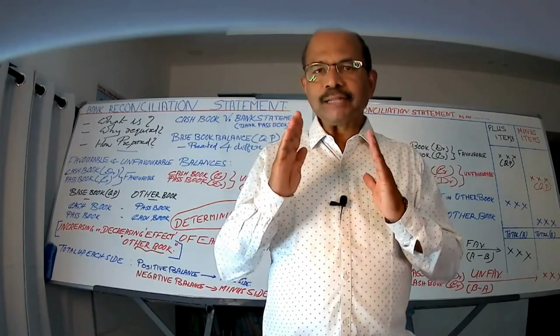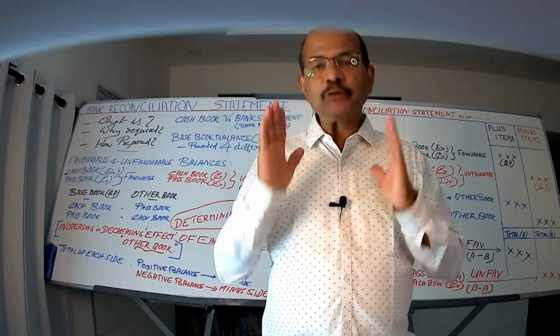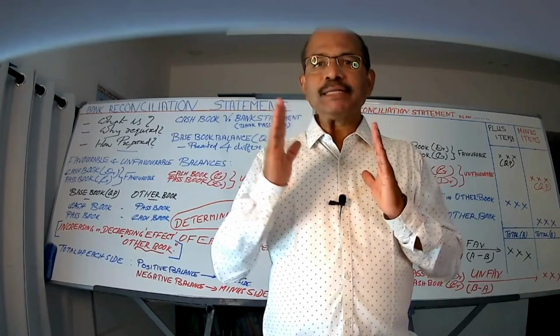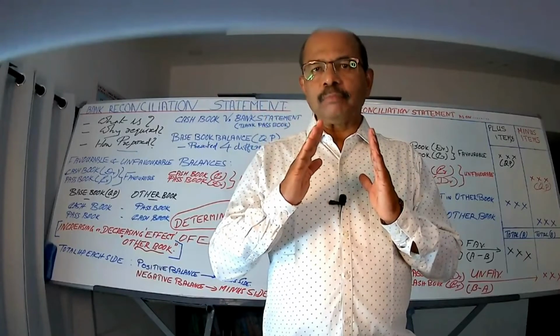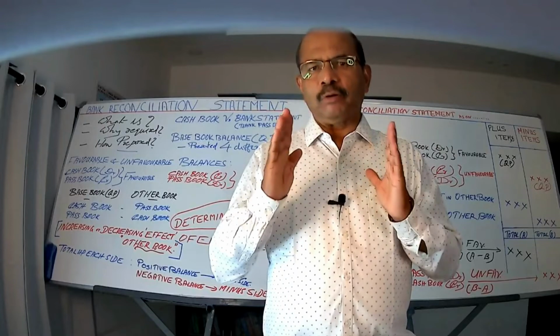So you will notice that the cash column of the cash book has got nothing to do with it, unless we have erroneously made an entry into the cash column. We don't have to think of the cash column at all.